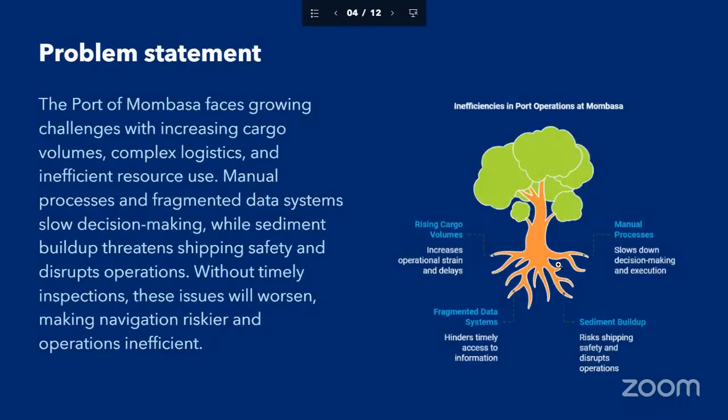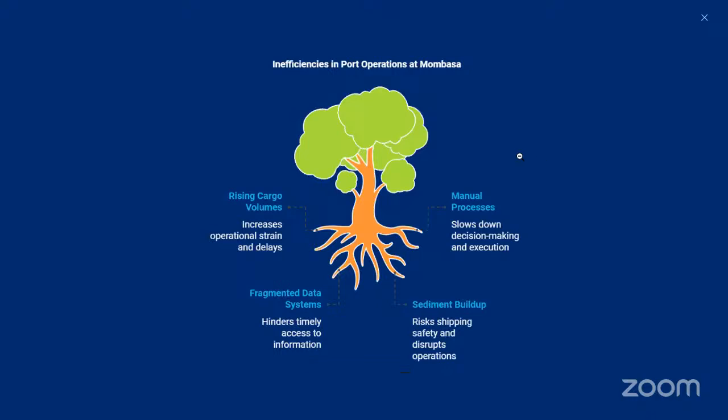The problem at the port is that we have had manual processes and fragmented data systems, which have slowed down decision making. And this, combined with the increased cargo volumes and inefficient resource use, makes the operations at the port difficult.